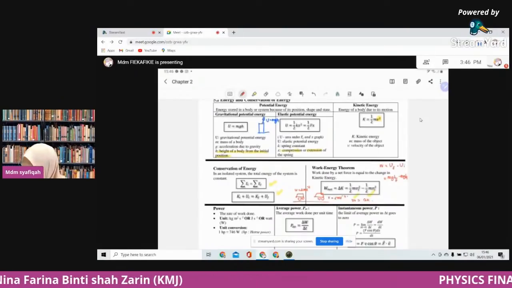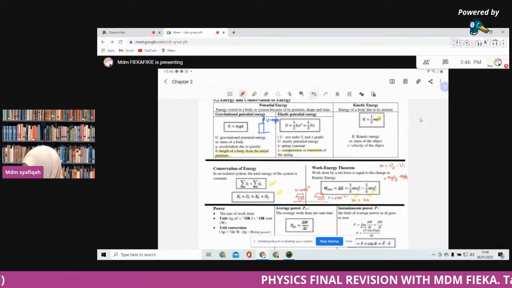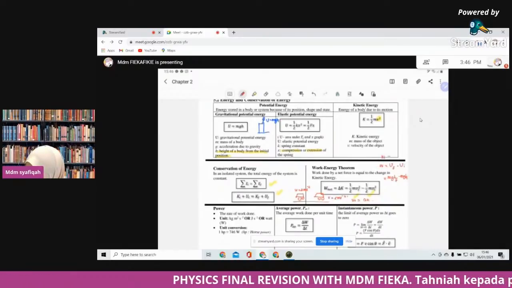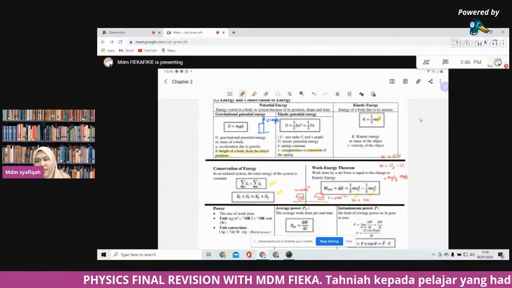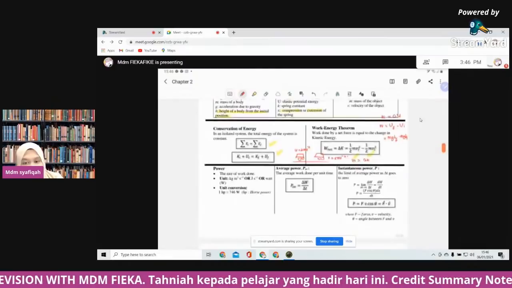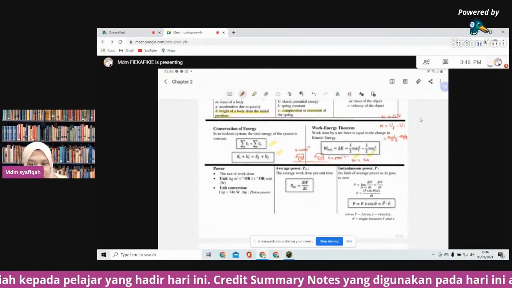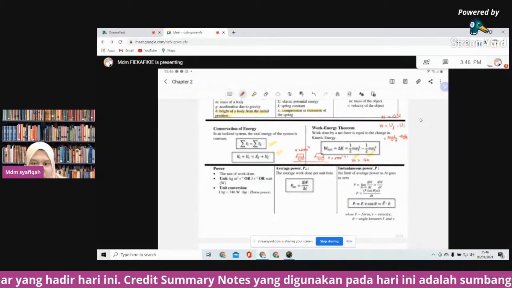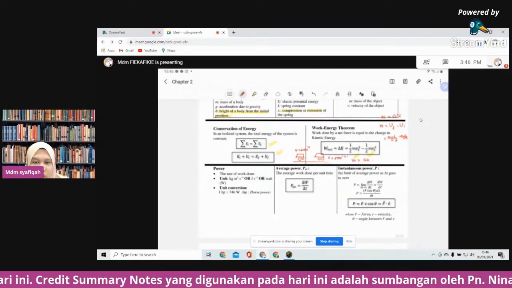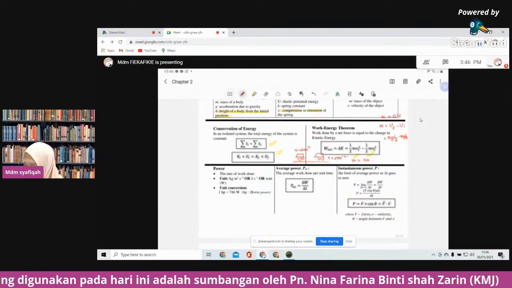Okay, ini delta. Dia terbalik. K equal to delta U. Okay, boleh? Okay. Alright, the average power. Okay. The average power is the average work done per unit time or the rate of work done, delta W over delta T.